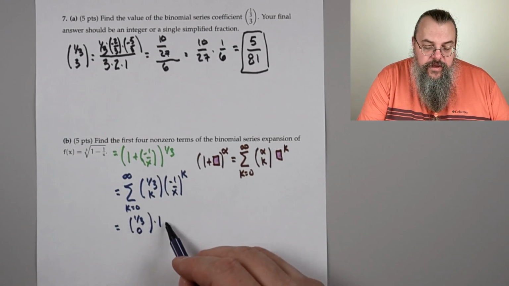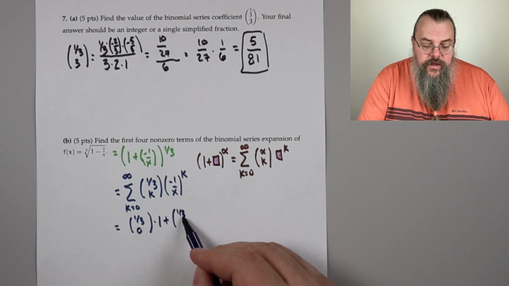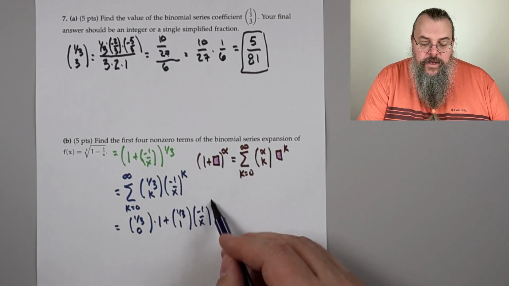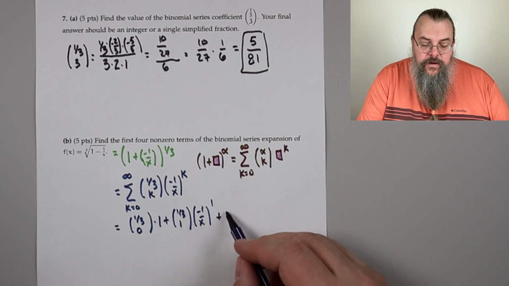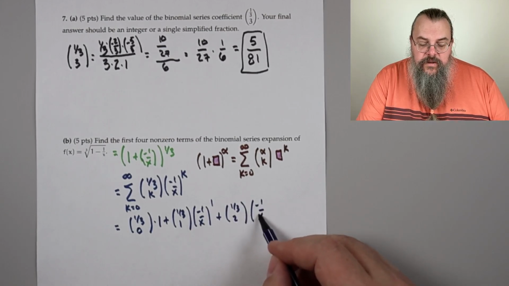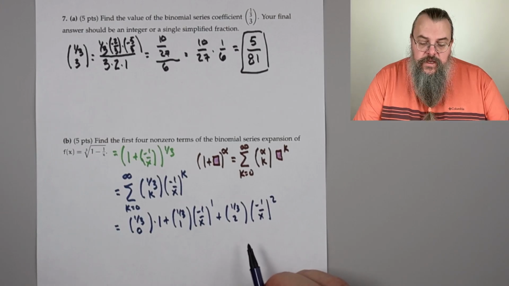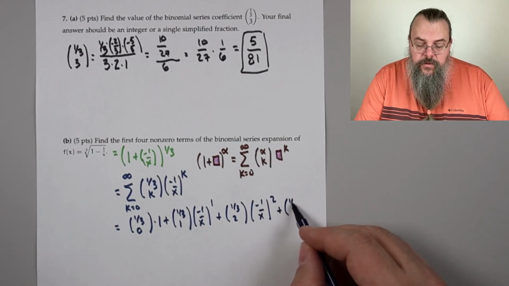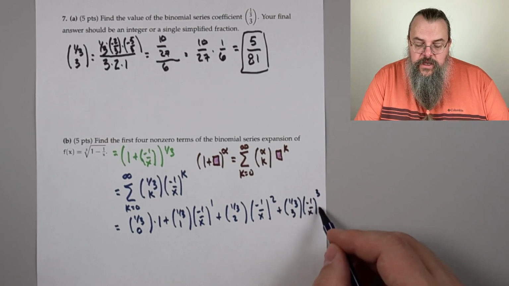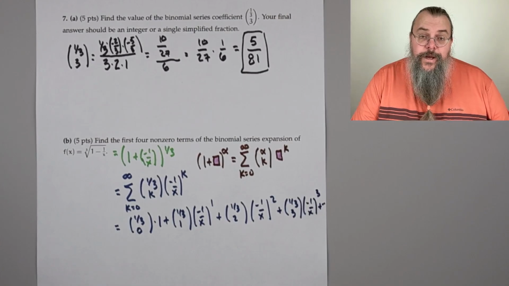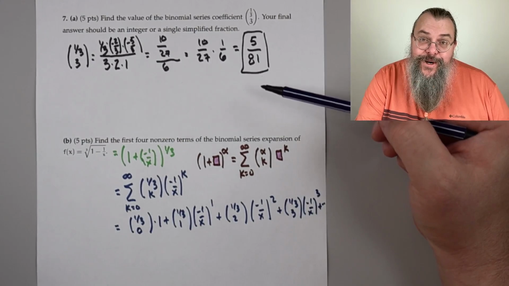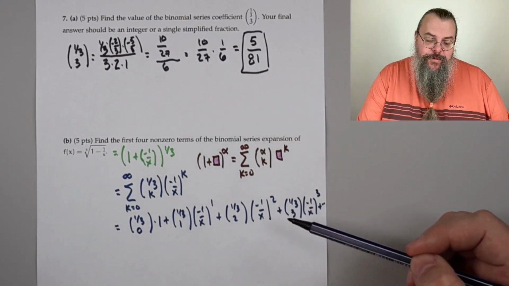Plus 1/3 choose 1, and then we have minus 1 over x to the 1. And then we have 1/3 choose 2, and minus 1 over x to the 2. And plus 1/3 choose 3, minus 1 over x to the 3, dot, dot, dot. I kind of hope that we're there, and I suspect, given what they asked us in part A, it probably will be where we stop.